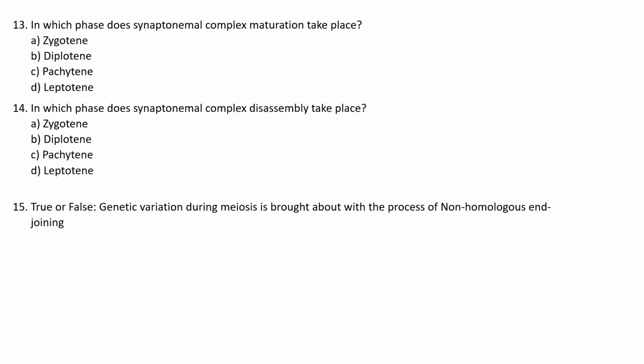So yeah, that's completely right. It's actually false. Non-homologous end joining is actually inhibited during the crossing over and the double-stranded break repair. It's homologous recombination that is encouraged during this process, not non-homologous end joining. So the answer is false.